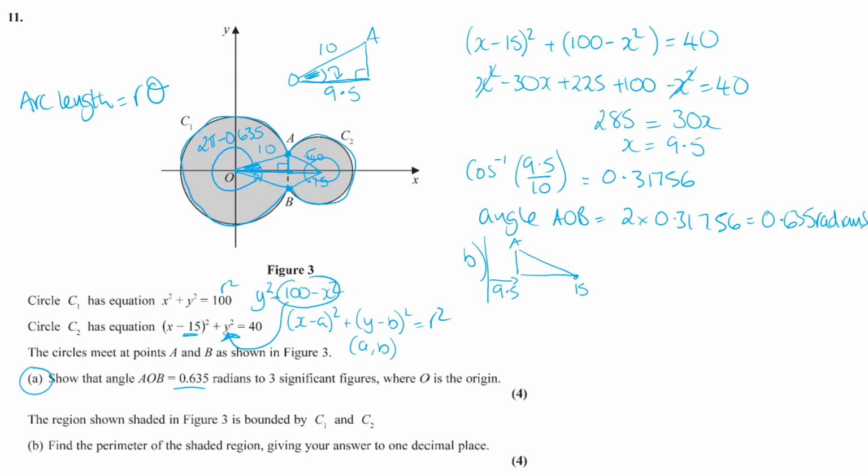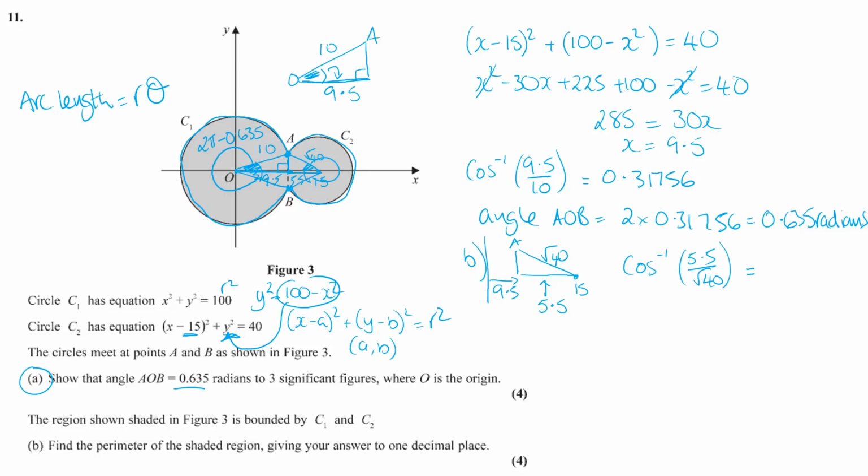So 15 take away 9.5, the actual adjacent to that angle is 5.5, and we know that this is root 40, so we want to find this angle. This bit here is 9.5, sorry, and that bit there is 5.5. So again, inverse cos of 5.5 over root 40.